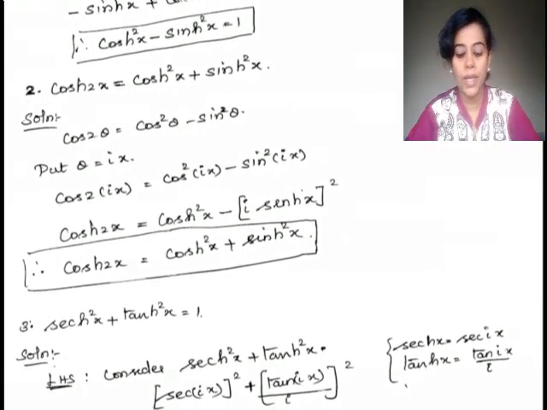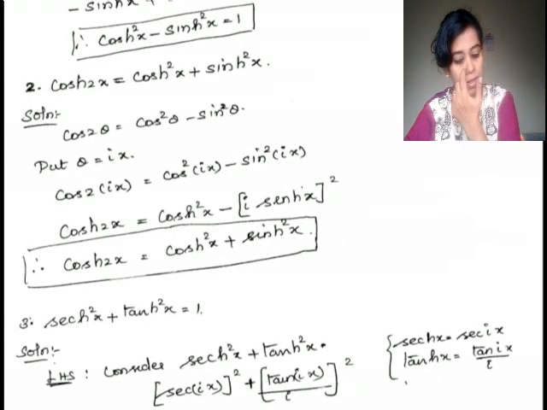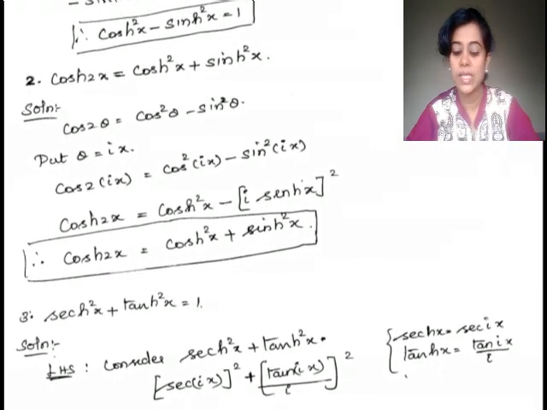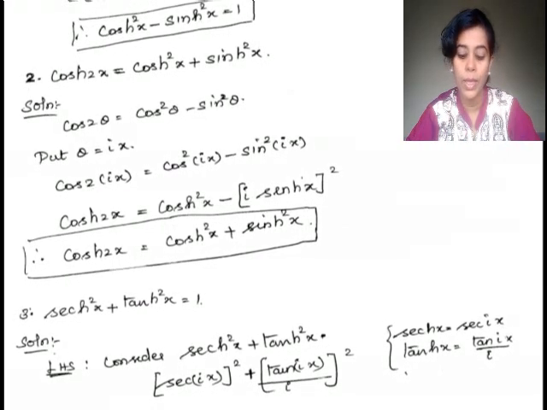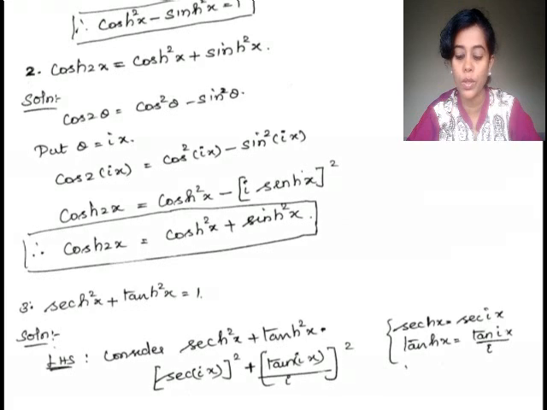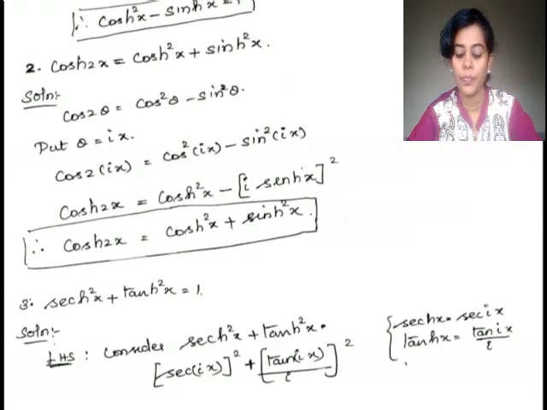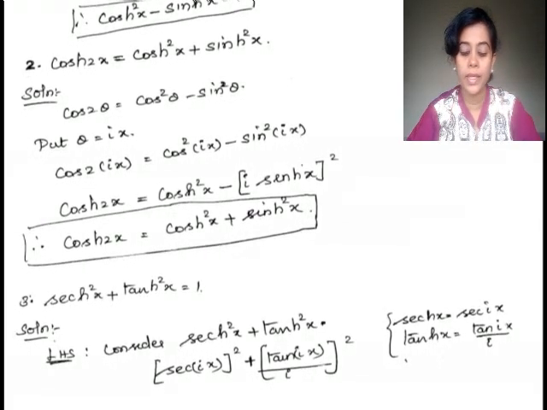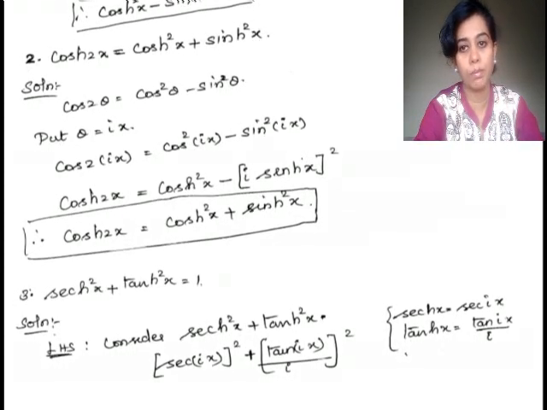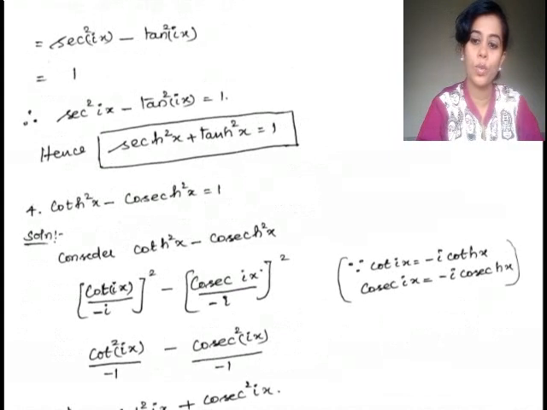Okay, let me consider the left hand side, sech²x + tanh²x. So this can be replaced by the function (sec ix)² + (tan ix / i)², because tanh x is equal to tan ix by i. So what will happen?